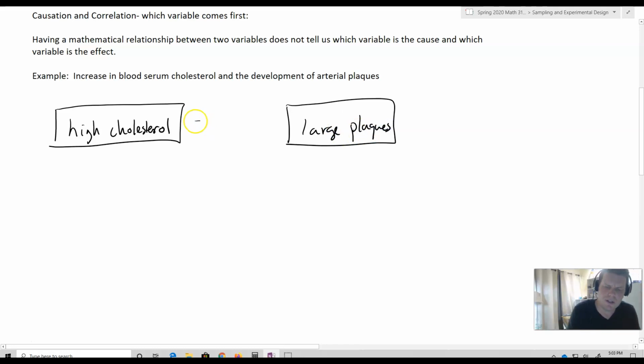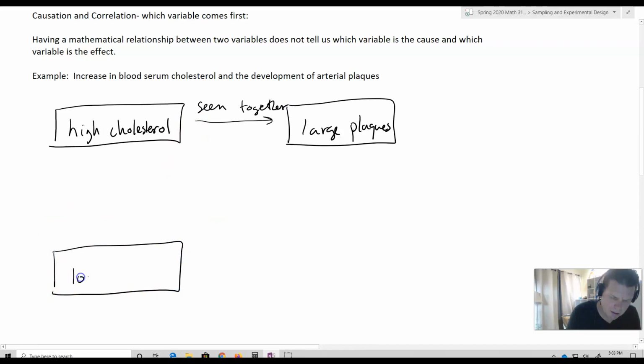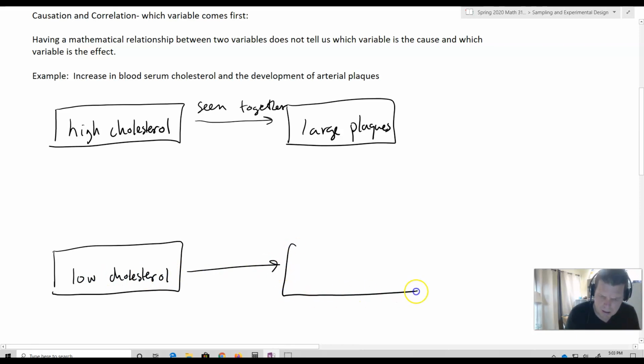Okay, so those two are seen together. On the other hand, we might see a person that has low cholesterol and small plaques or no plaques.